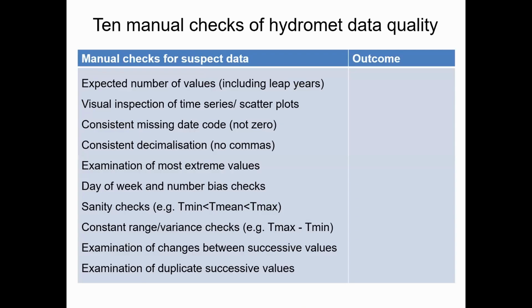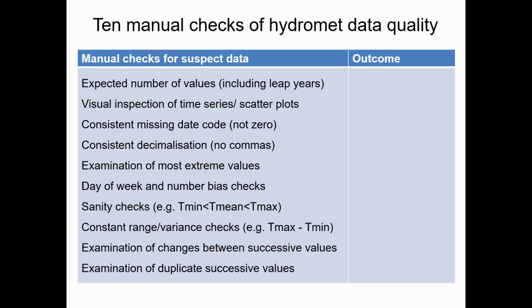How do we check for data errors when we look at the raw data? Here are some of the top tips that I've picked up over the years. And this table, I hope if you're able to, it might be useful to print this off, because it's a good checklist of things we should be looking out for when we're looking at a new data set.